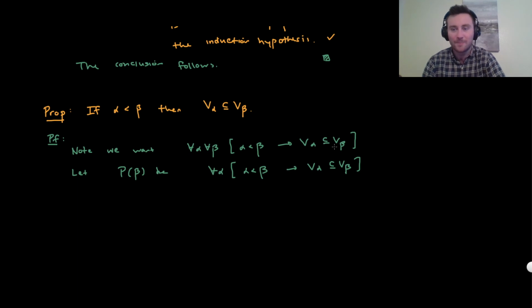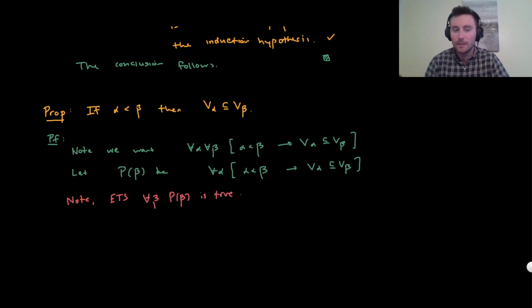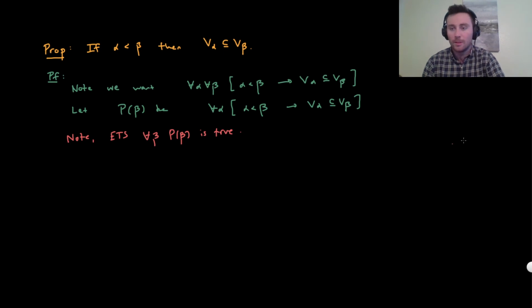So it's enough to show that for all beta, P of beta holds, because that just amounts to flipping the order of the quantifiers here. And how are we going to do this? We're going to do induction on this statement, P of beta. So we proceed by induction.